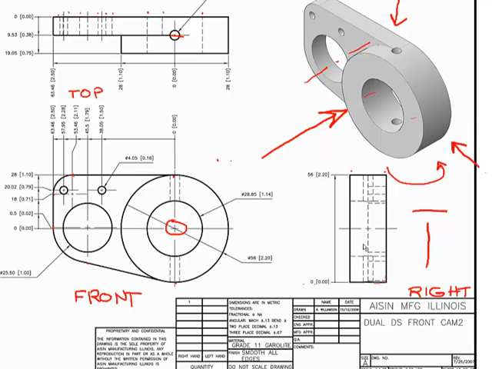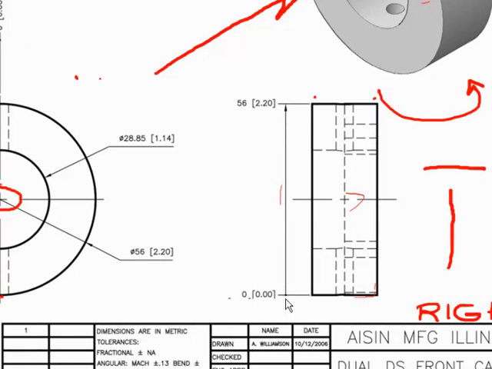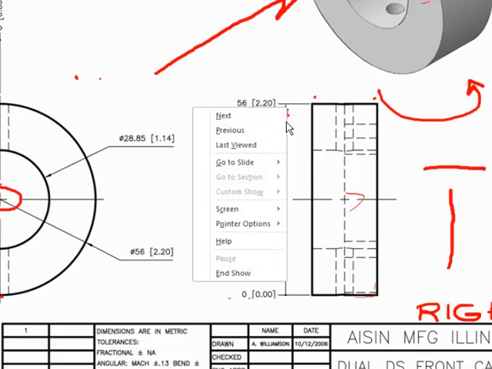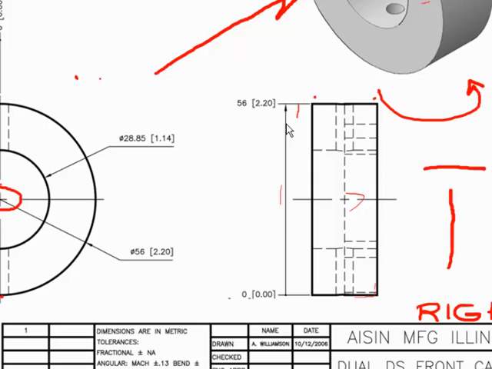And then the last question is, what relationship does the dimension line have with its extension line? Now remember, a dimension line has arrows on the end, and it runs in between two extension lines right here. So they want to know what's the relationship between right here and right here. I would say that that is a 90-degree angle between the two, and the definition of a 90-degree angle is perpendicular.